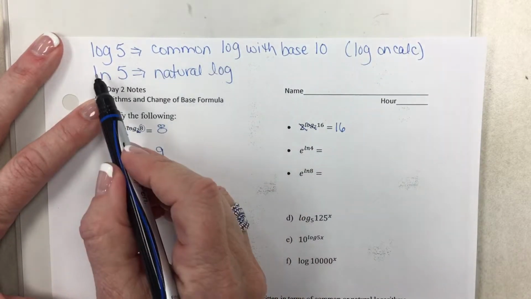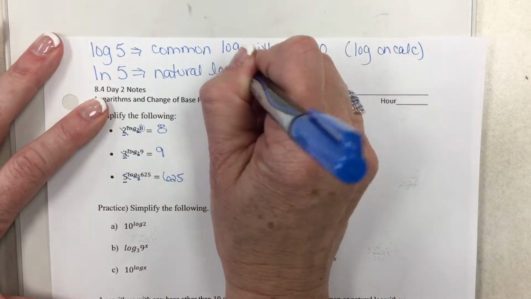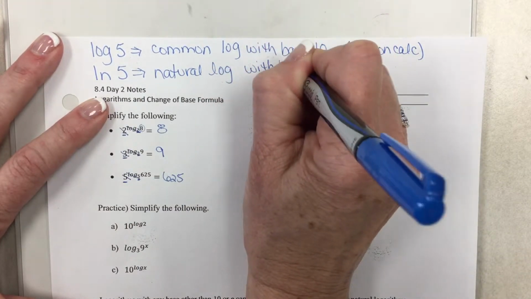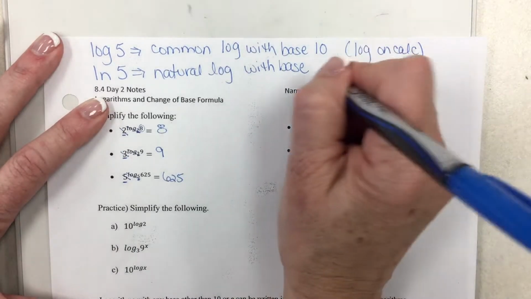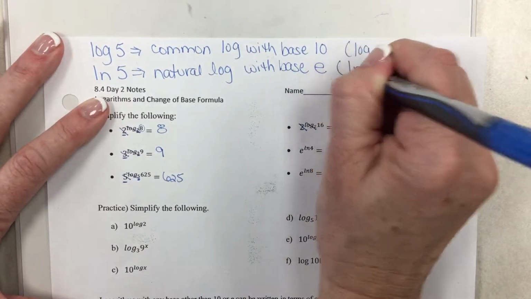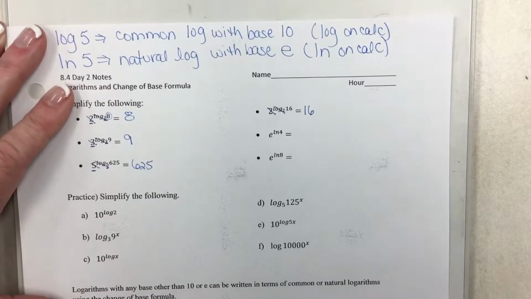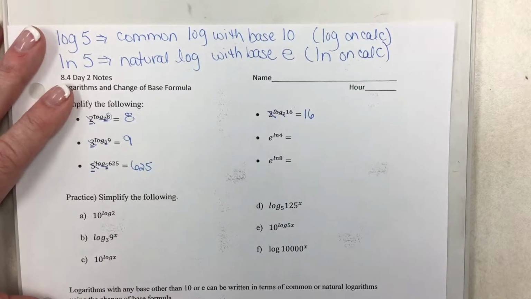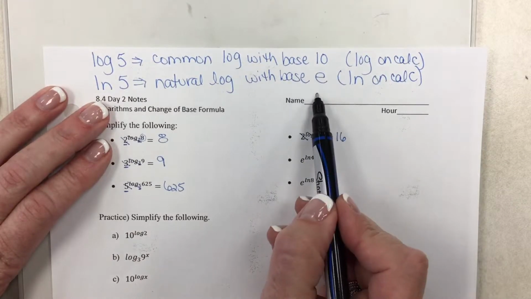There's a common log, log, then there's a natural log, ln. ln has a base of e. That is ln on your calculator. So there's 2 buttons on your calculator. Log, that's common log. ln, that's the natural log. Common log base 10, natural log base e.